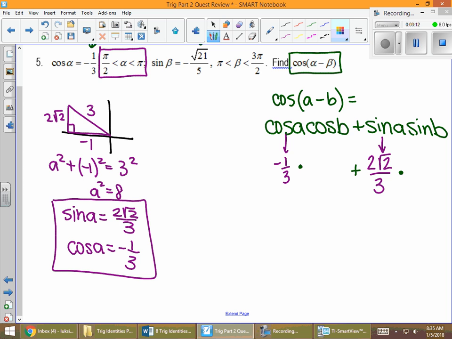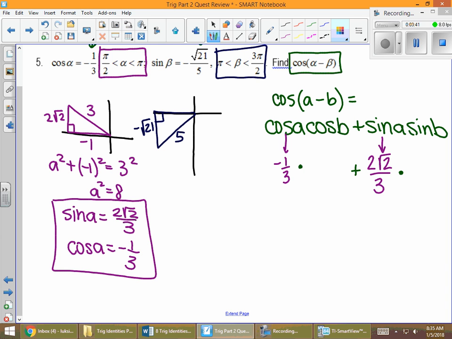Now we need to deal with our B triangle. Our B triangle here is between pi and 3 pi over 2, so I'm doing quadrant 3. I'm going to forecast that both sine and cosine are going to be negative. So sine is negative radical 21 over 5, so my opposite is negative square root of 21.